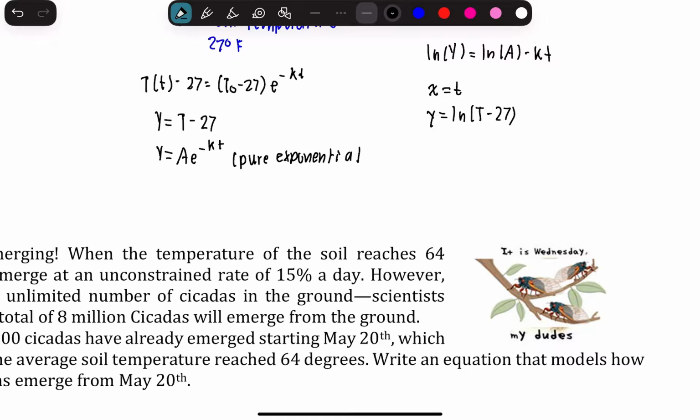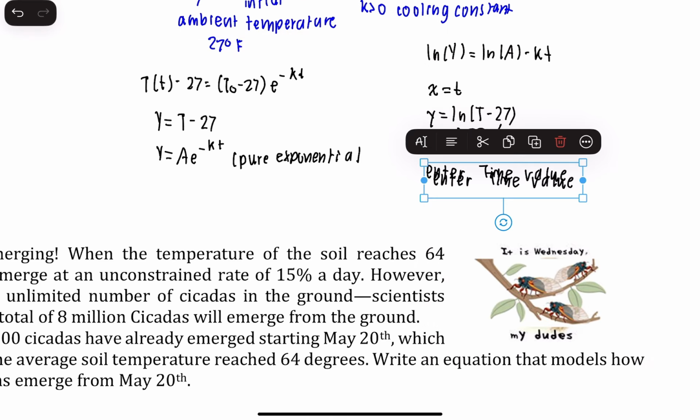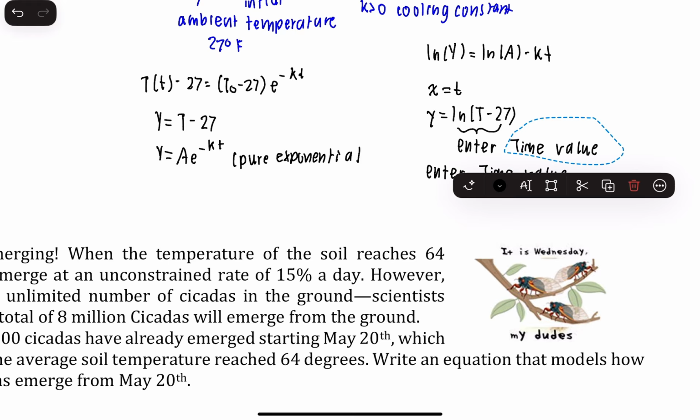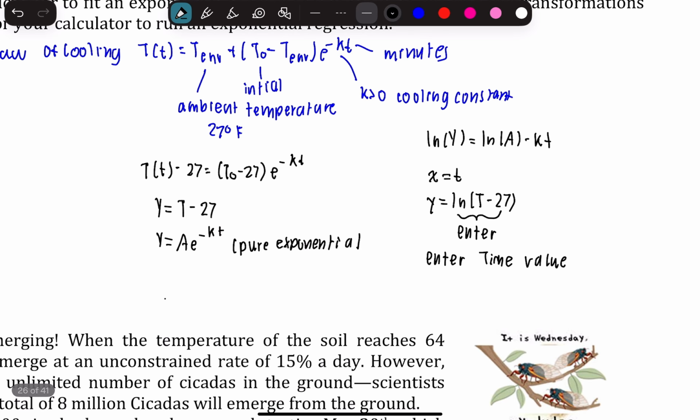Now in your calculator, you're going to enter the time values, and also this. So now you're going to do regression. It's going to be your third step.